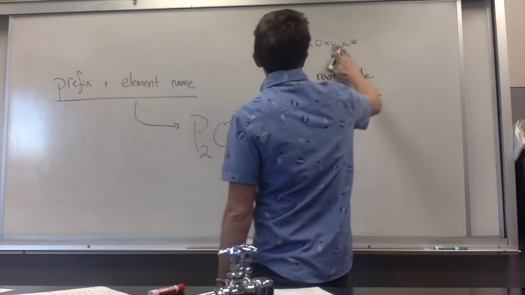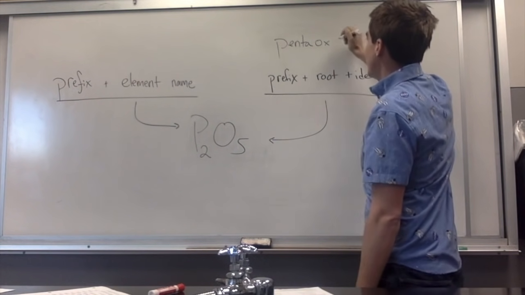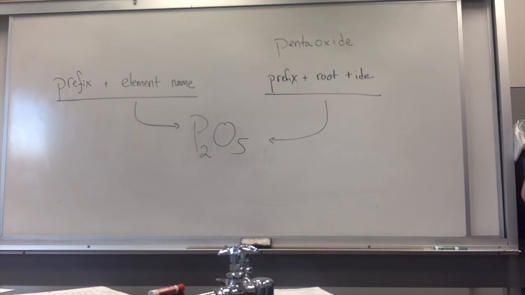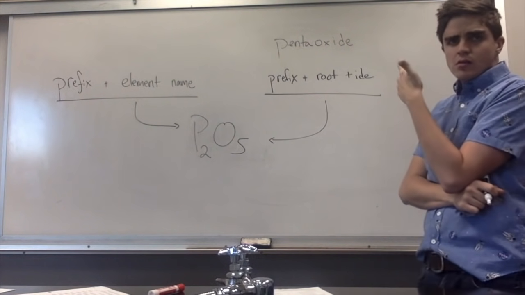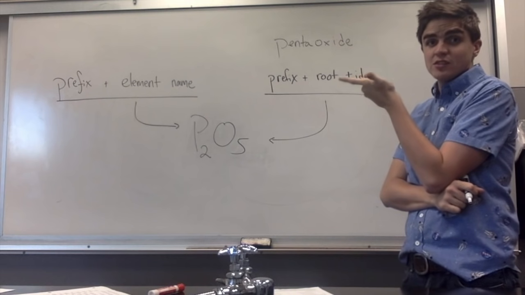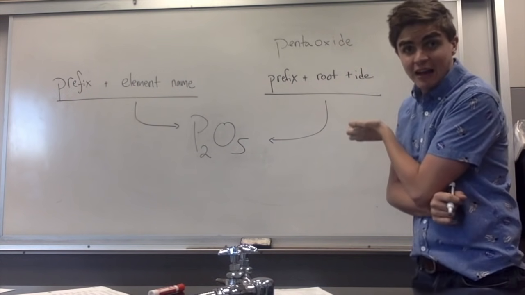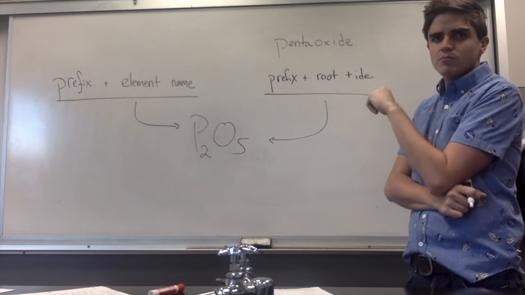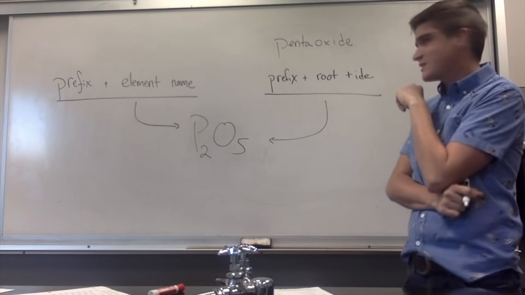Wait a minute, I don't put a Y in oxygen. Just call it "ide." So I've got pentaoxide. English does have some elision in it, so if you want to call it pentoxide, P-E-N-T-O-X-I-D-E, that's fine too, although properly I'll accept pentaoxide.